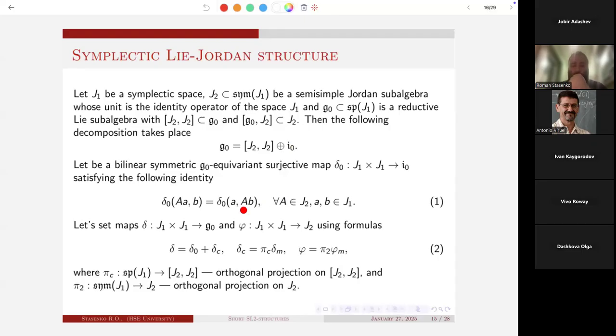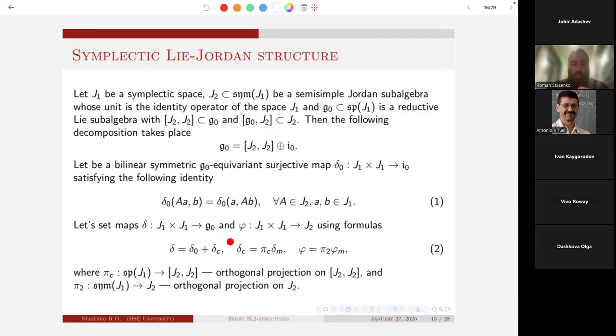So let us introduce two maps, delta and phi, using these formulas. Phi_m and delta_m are as you can see before, and delta is the sum of two maps, delta_0 and delta_c.